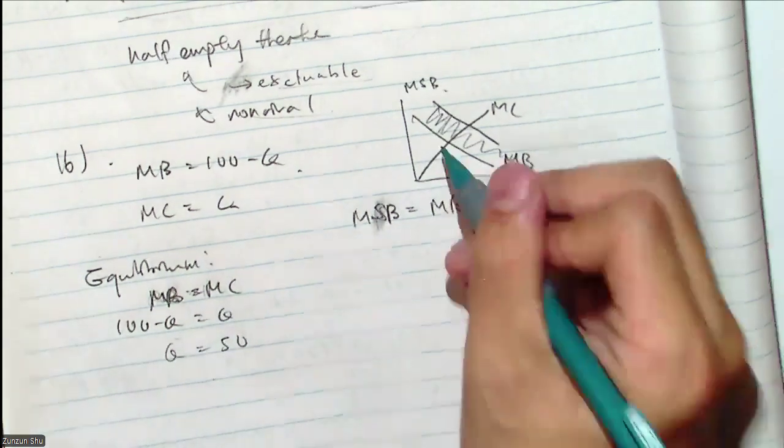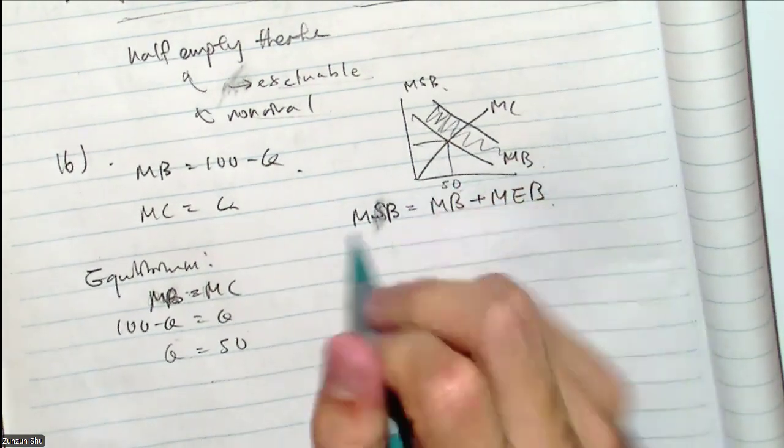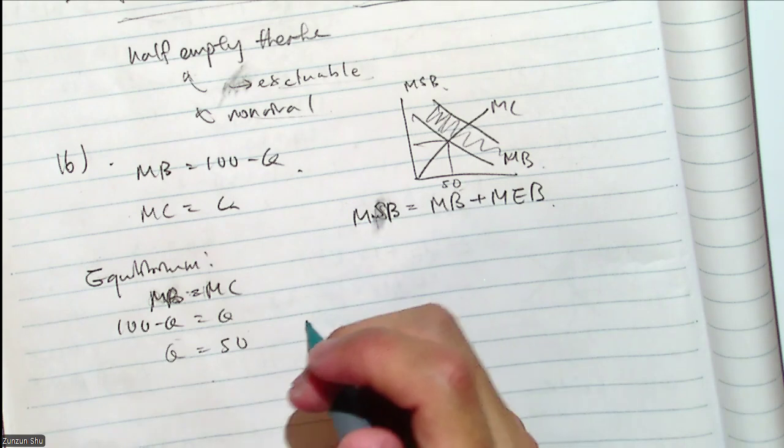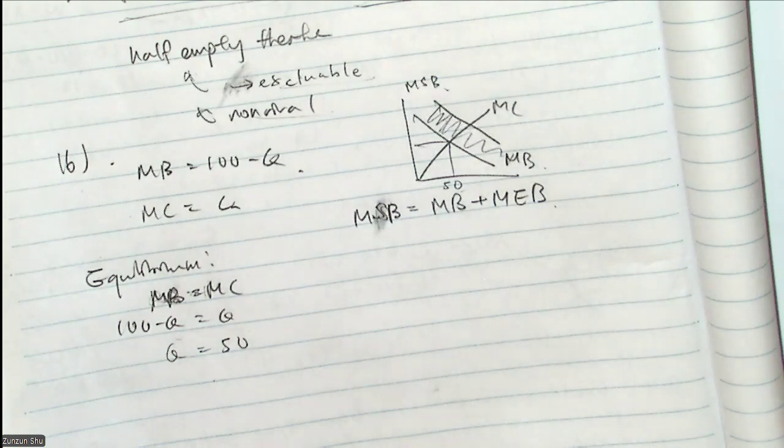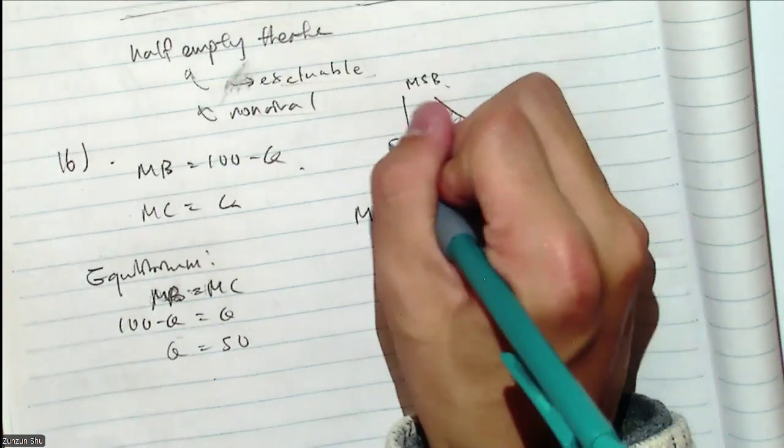All right, so that is our normal 50. And what's our P? Well, P is also going to be 50.